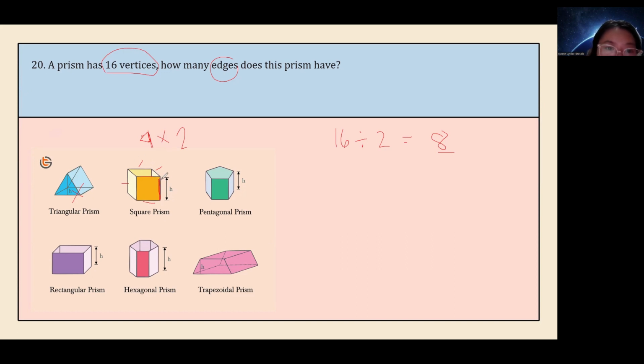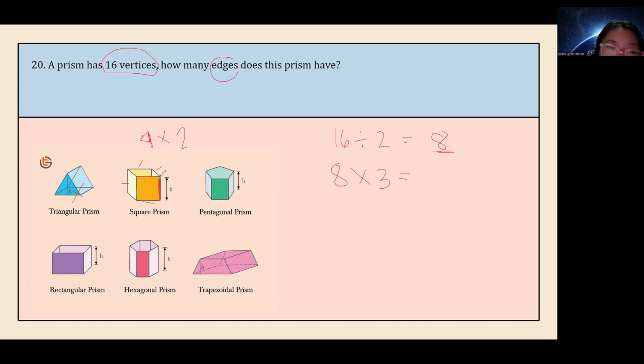So that means we just have to multiply by 3. Here we have 8 sides for our base, and we multiply that by 3 because that's the number of edges, let's say for each of the sides.